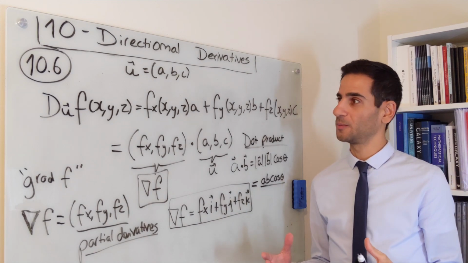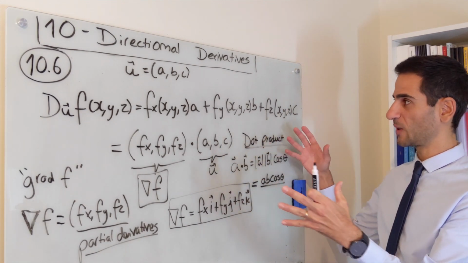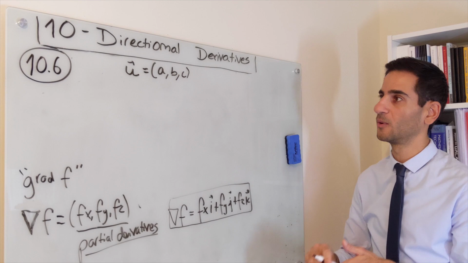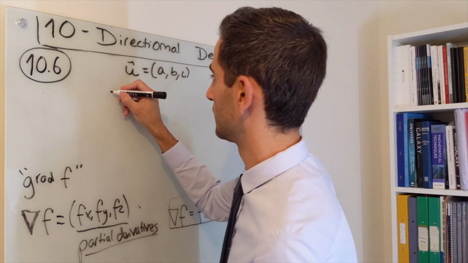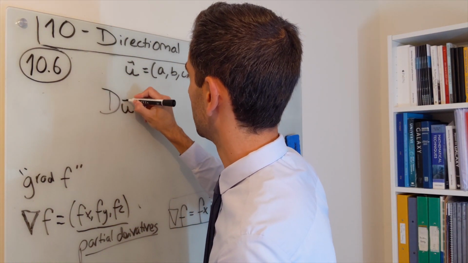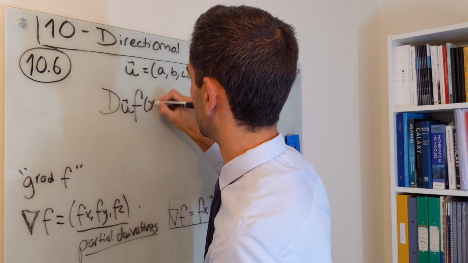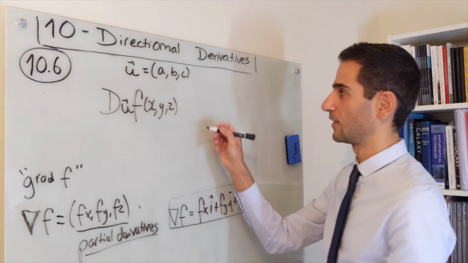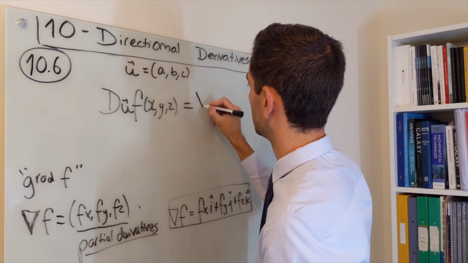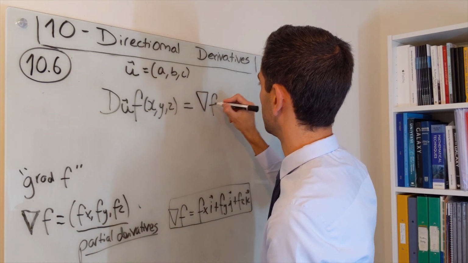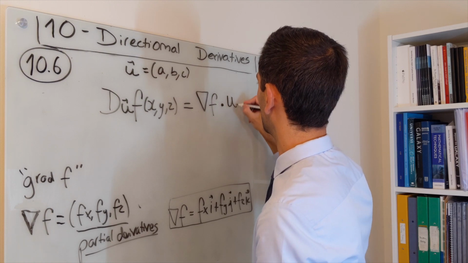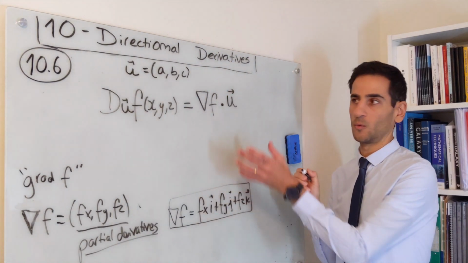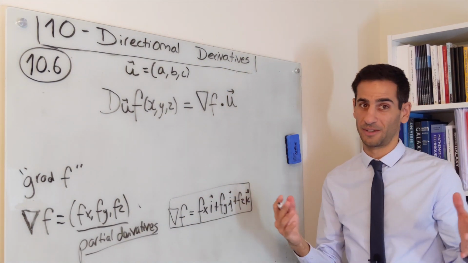This is really useful because we can get rid of this long way of writing and actually write it like a pro: the directional derivative at a point x, y, z for this function, for this unit vector, is simply given by the dot product of the gradient of f with the unit vector. Way more compact and definitely like a pro.